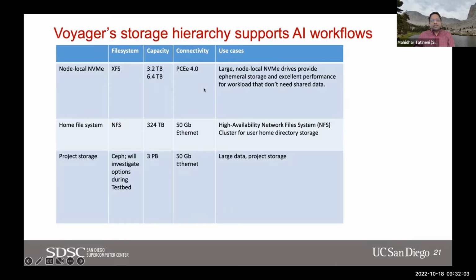And in my second talk, I'll talk about how this is made available within Kubernetes. But that's one aspect of it. Then we have the NFS file system for the home directories. That's 300 gig. You can basically put your code and models and so on in there, and that's another location. And then the project storage, right now, as I mentioned, we are using Ceph, but we're going to experiment with different file systems there.